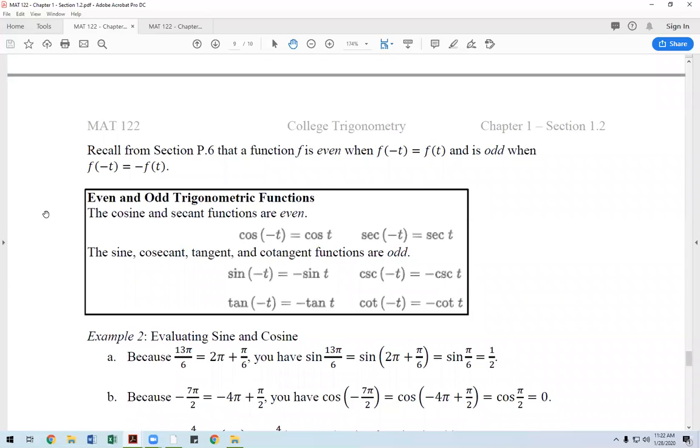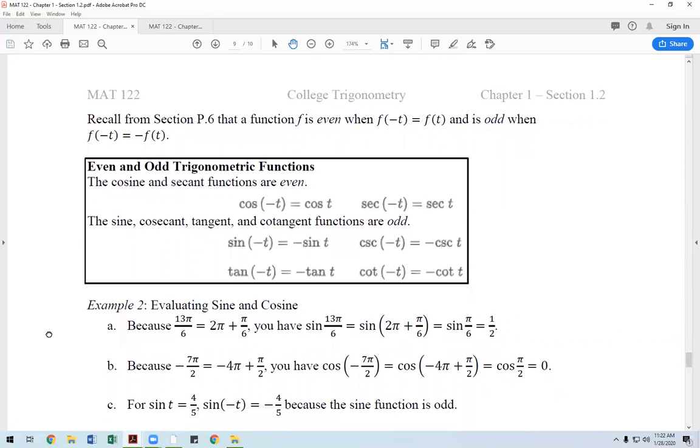So cosine and secant are going to be your even functions. Sine, cosecant, tangent, cotangent are going to be the odd functions. So the idea is, if I take, excuse me, a negative value for t, it's going to give me the same result as if I had used a positive value for t. But of course, with the sine, cotangent, and their reciprocal functions, if you put a negative in, it's going to make your whole function negative.